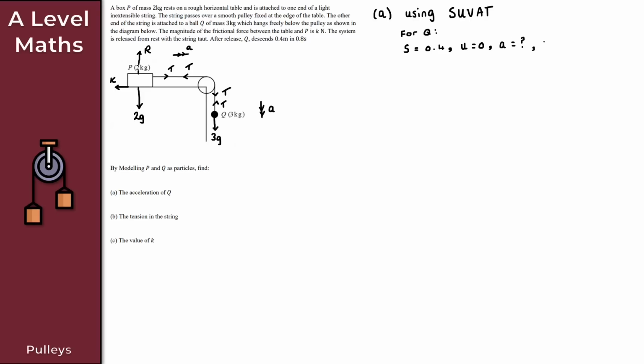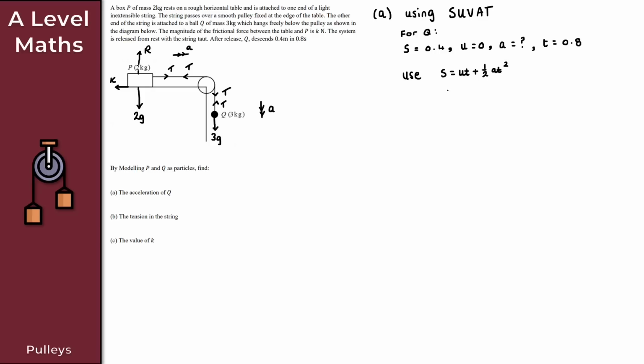And then finally, we also know T, so T is equal to 0.8. Based on what we've got, we're going to use the following SUVAT equation: S equals UT plus a half AT squared.